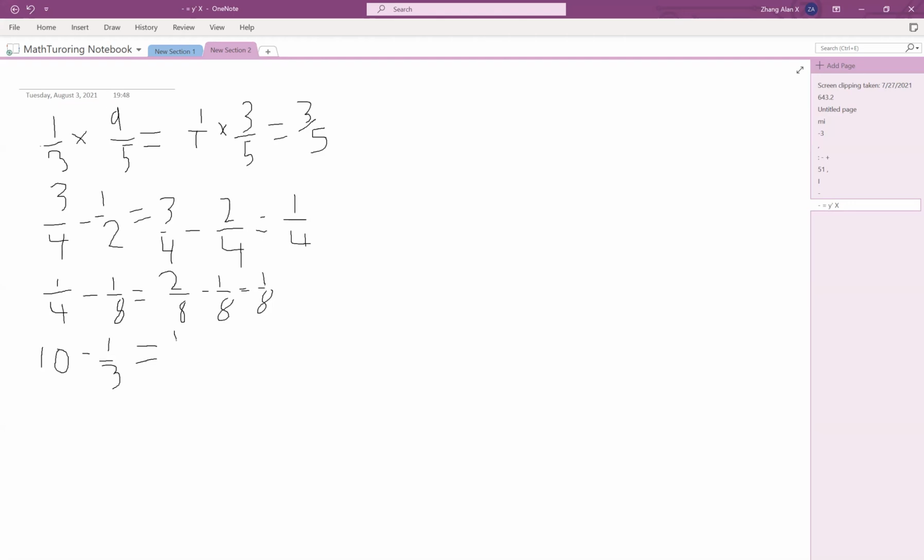We know whole numbers are just over 1. 10 over 1.